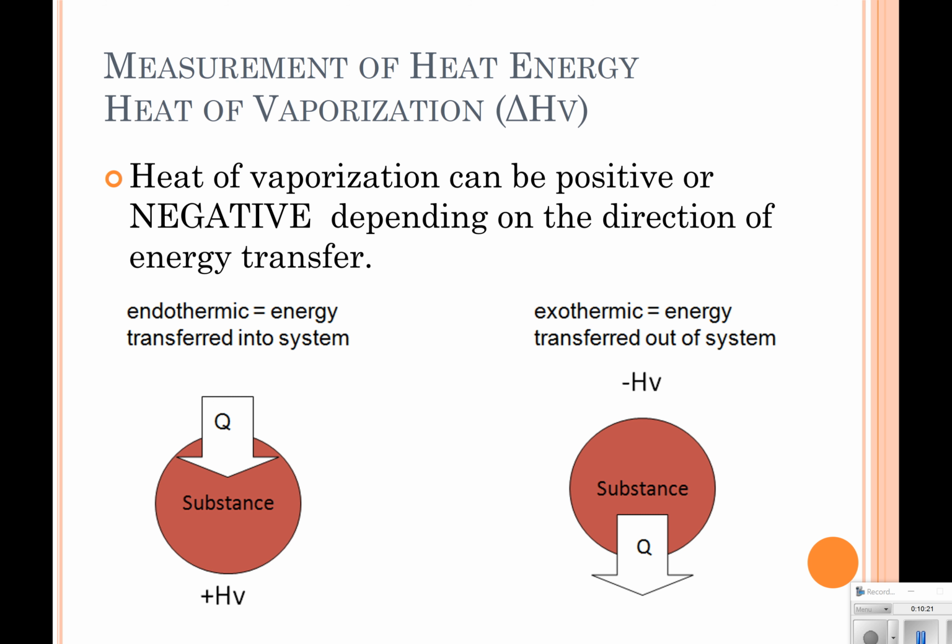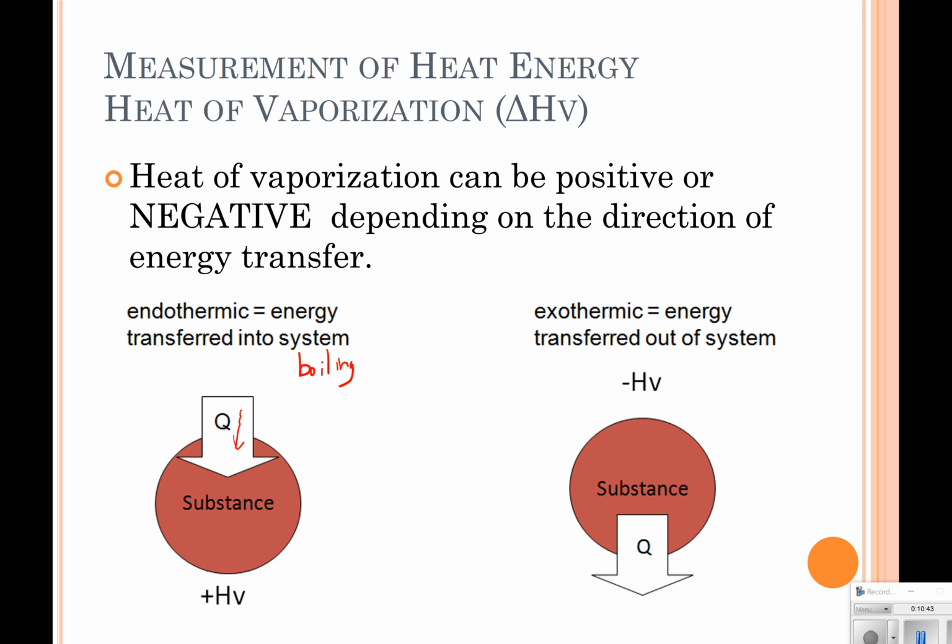Now, the heat of vaporization can also be positive or negative, just like the heat of fusion, and it's going to depend on the direction of energy transfer, either an endothermic or exothermic change. So if we have energy coming into the substance, that's going to be an endothermic change. This is going to be boiling.